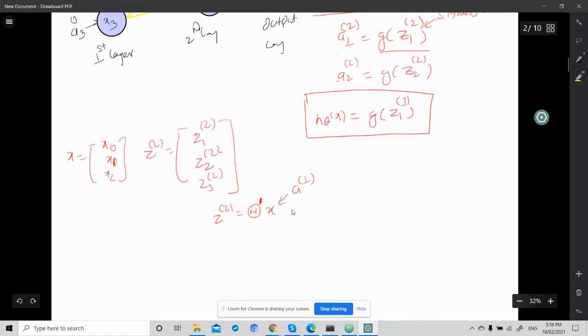So this is what theta of 1 is, what we did for my first layer.